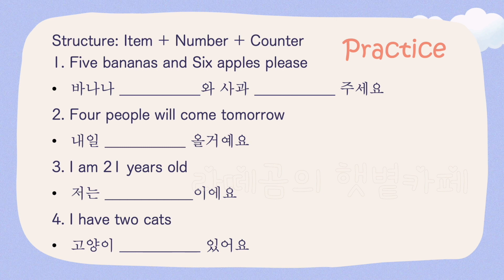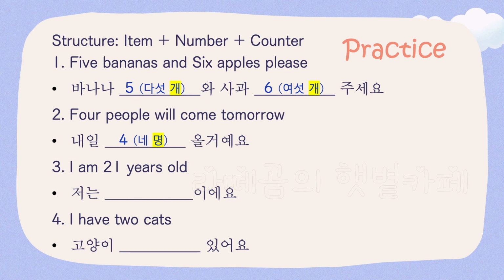So, the first one, 5 bananas and 6 apples, please. This will be 바나나 5개와 사과 6개 주세요. Next, number 2, 4 people will come tomorrow. 내일 4명 올 거예요.